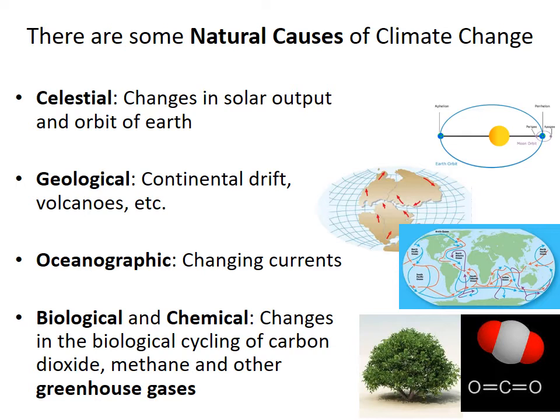Some of the natural causes of climate change are celestial, so changes in the output of heat energy from the sun over millions and billions of years affect climate, and also changes in the orbit of the Earth and the timing of when the Earth is closer to the sun, at what season that occurs, whether it's the northern hemisphere summer or winter.